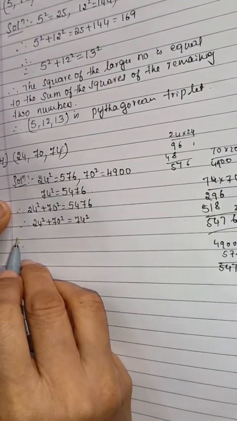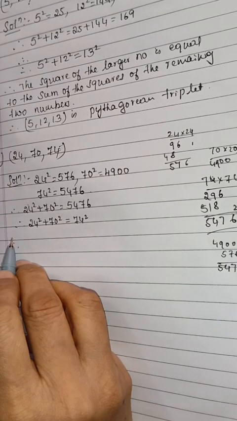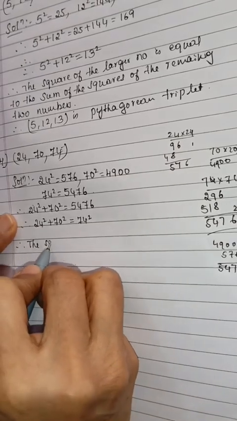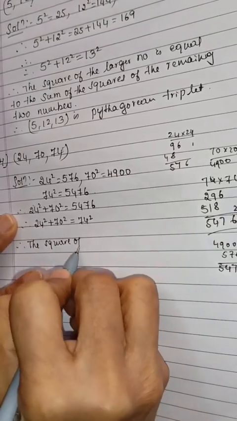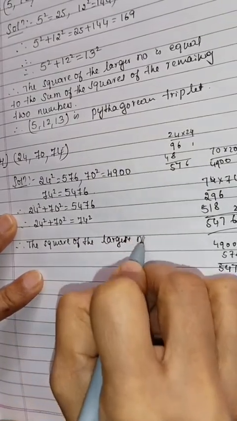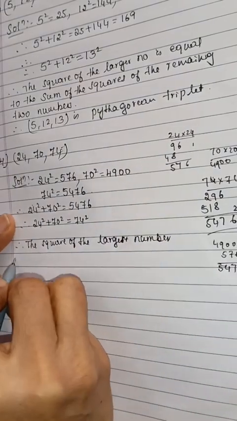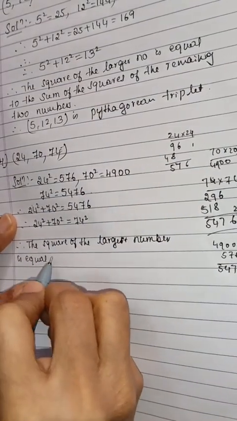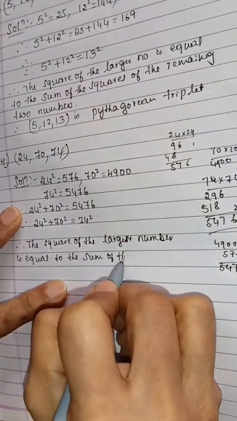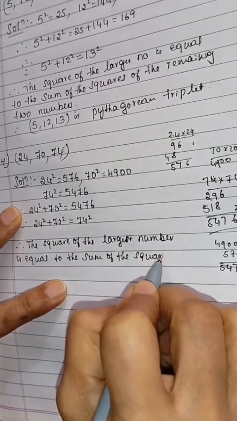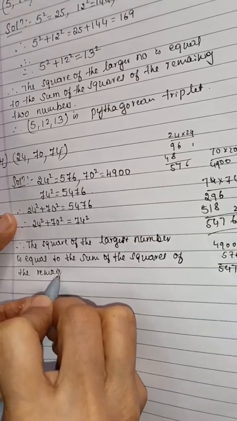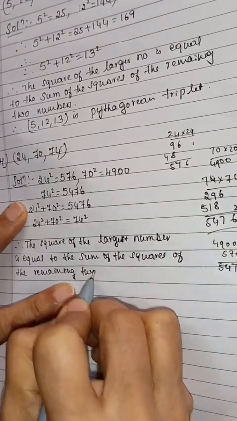Therefore the square of the largest number is equal to the sum of the squares of the remaining two numbers.